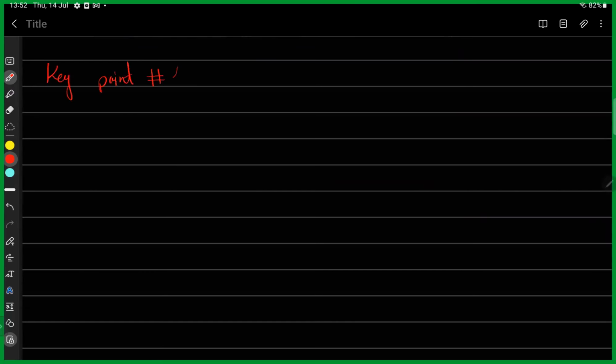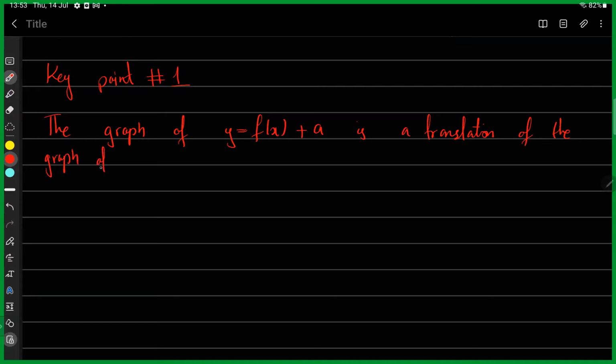Number 1, for translations, the graph of y equals f of x plus a is a translation of the graph of y equals f of x by the vector (0, a).